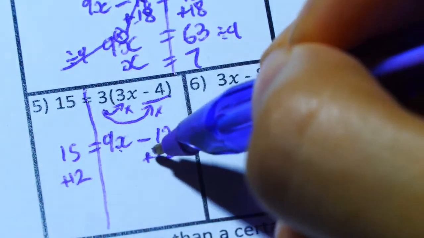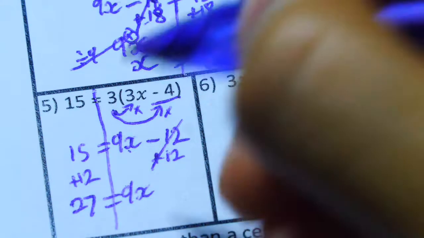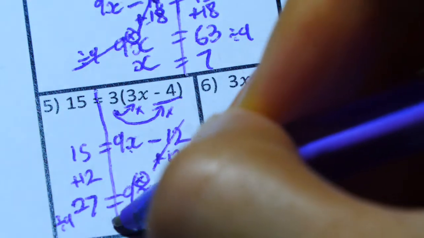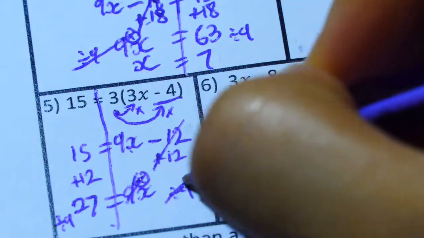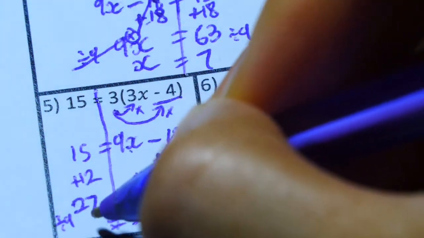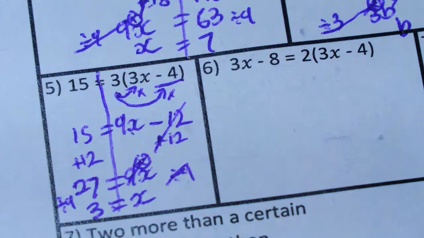Plus 12 on both sides. Minus 12 and plus 12 delete. We have 9x. 15 plus 12, 27. This means times, so we have to divide by 9. Times 9 and divide 9, we cancel, so we have x equals 27 divided by 9 is 3. So x equals 3.